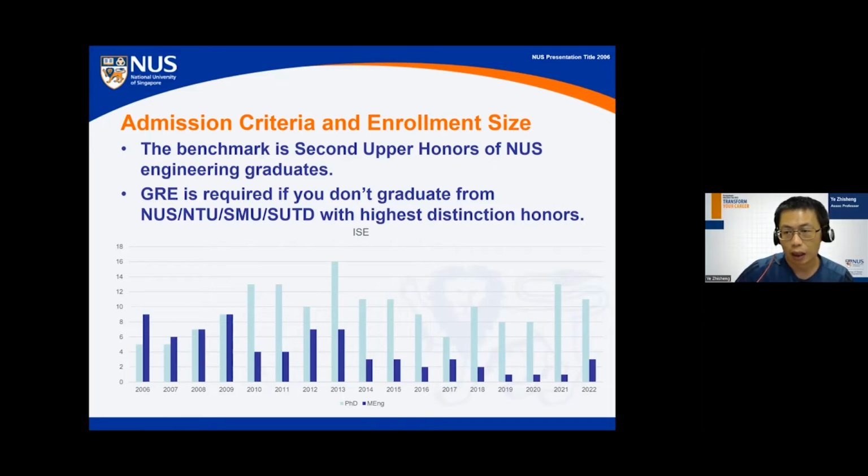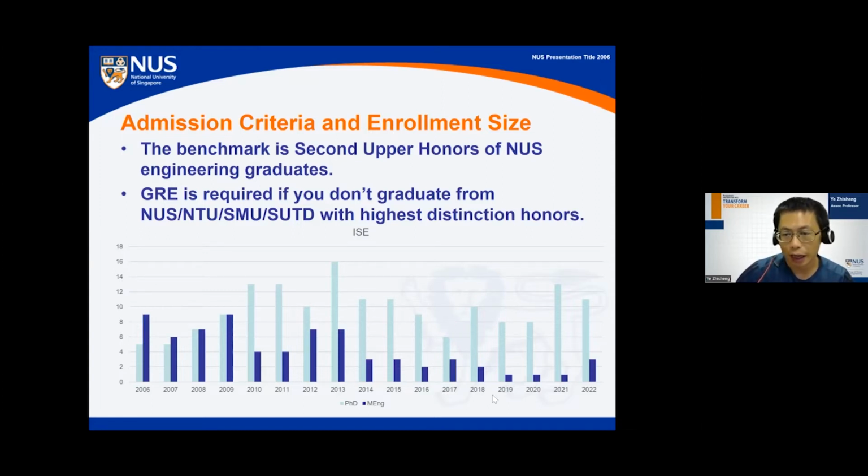So you can see there are quite few MEng students now. The number of PhD students is quite stable, although with some fluctuation, around 10 to 12 per year.